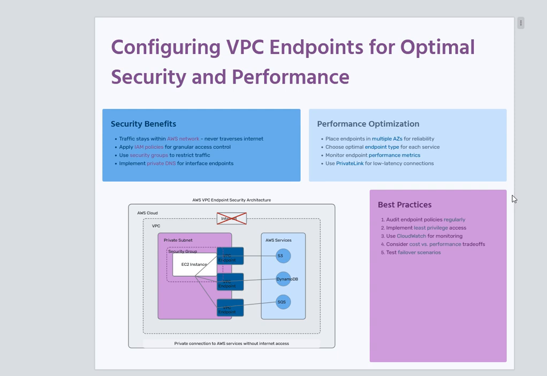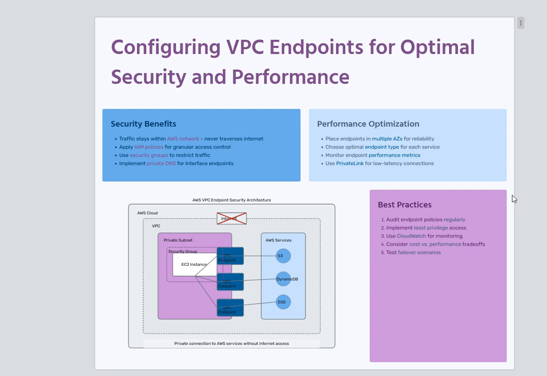So use PrivateLink for lower latency connection. Best practices: audit endpoint policies regularly. Audit the policies, make sure you've given the least privilege access, and use CloudWatch for monitoring.